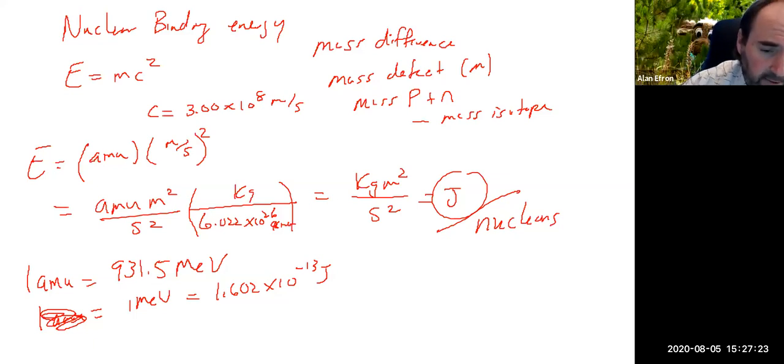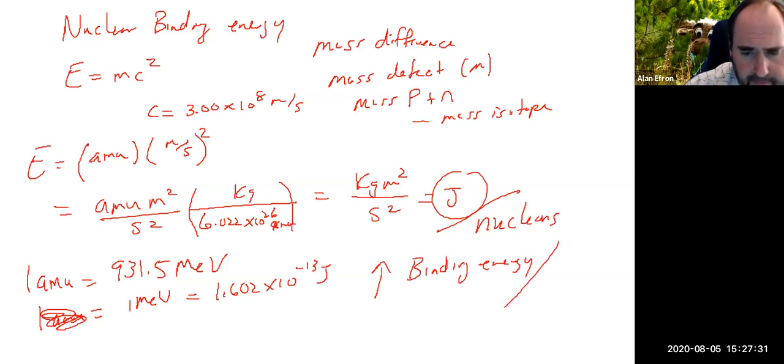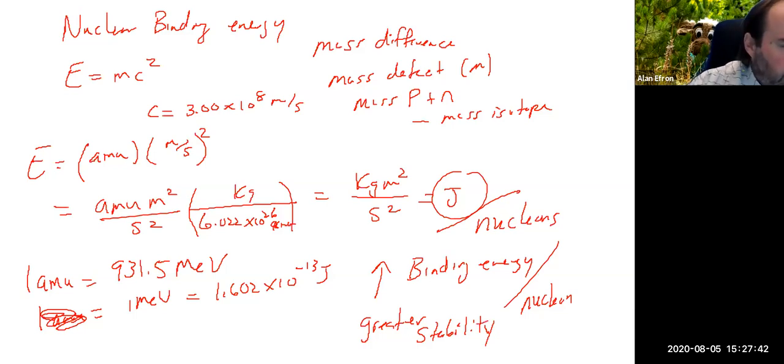So the higher the binding energy per nucleon, the greater the stability of that isotope will be.